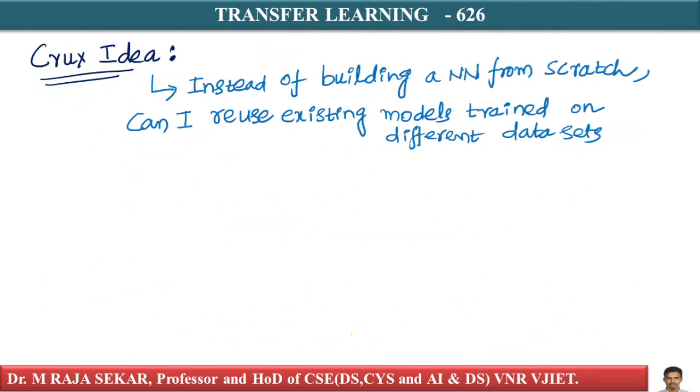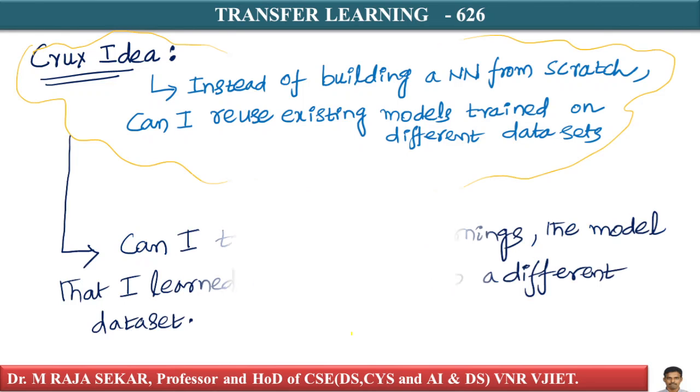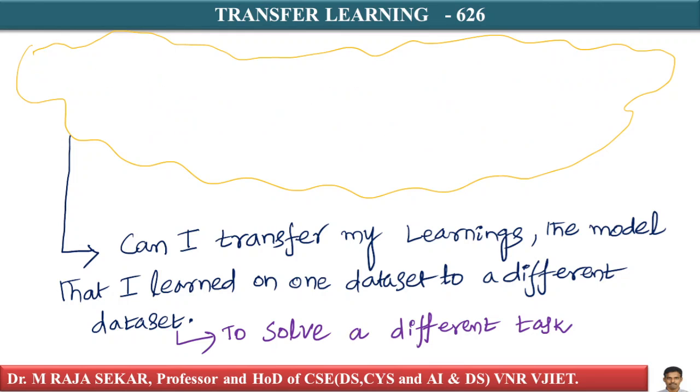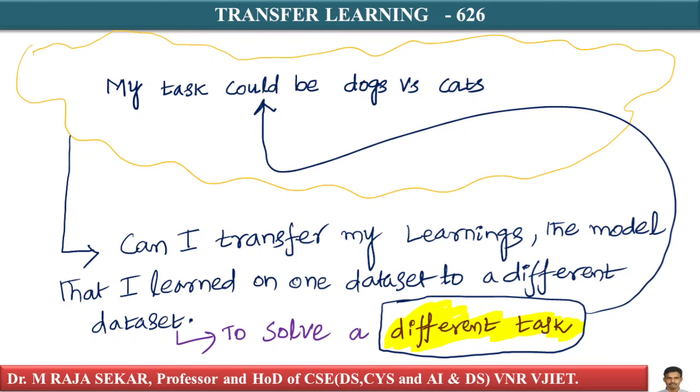Can I transfer the learnings and the model that I learned on one data set to a different data set to solve a different task altogether? My task may be dog versus cats.